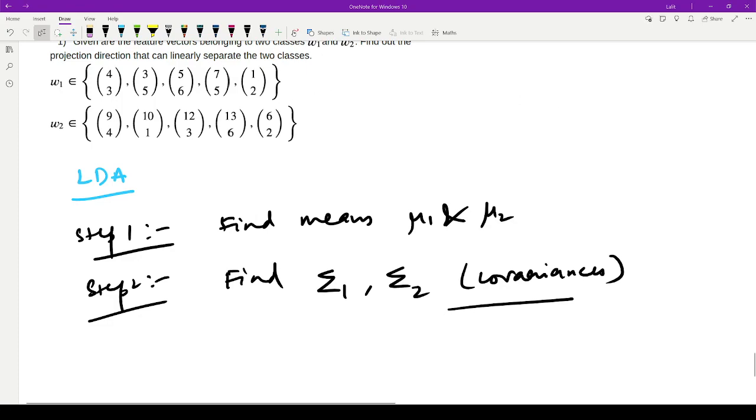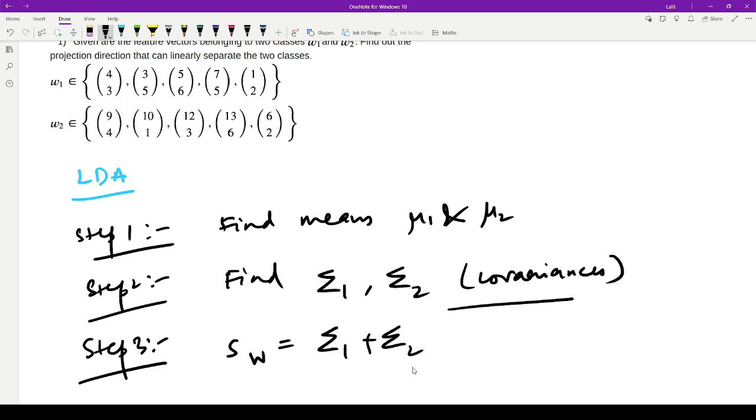SB. So it's just the standard formulas that we have to use for the LDA case. So what is within class covariance or within class scatter, which is just the summation of these two.